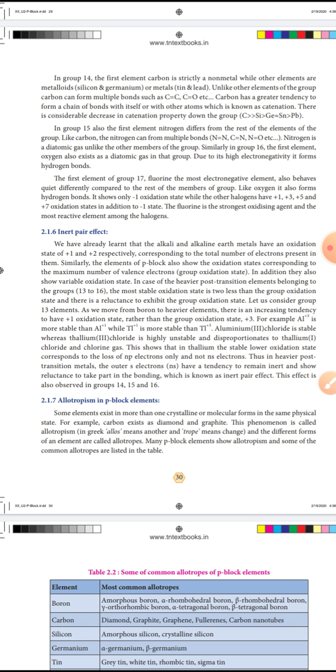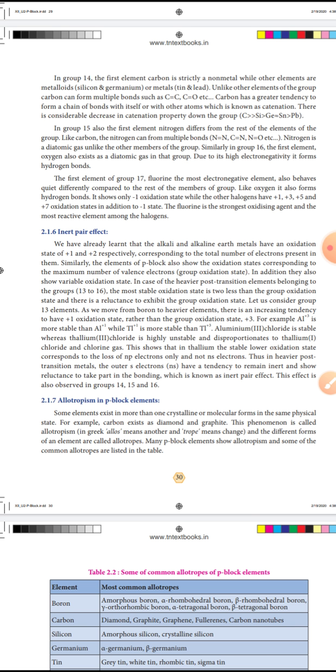This shows thallium's stable lower oxidation state corresponds to the loss of np electrons only and not ns electrons. In heavier post transition metals, the outer s electrons have a tendency to remain inert and do not take part in bonding, which is known as the inert pair effect.